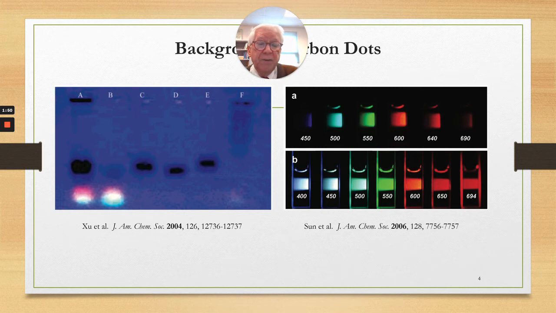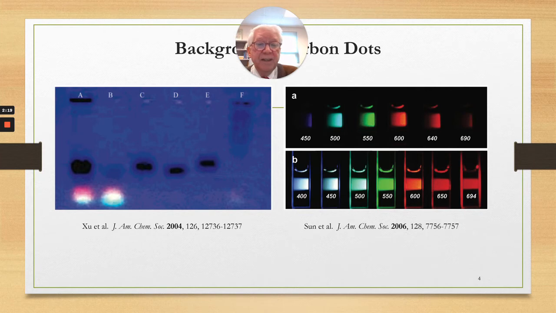Part A is on the right side. We can see that when you shine white light onto the carbon dots, using a filter at 450, 500, 550, etc., we get different emission of light. And the same type of experiment with part B, but using monochromatic light to shine onto the carbon dot solution.